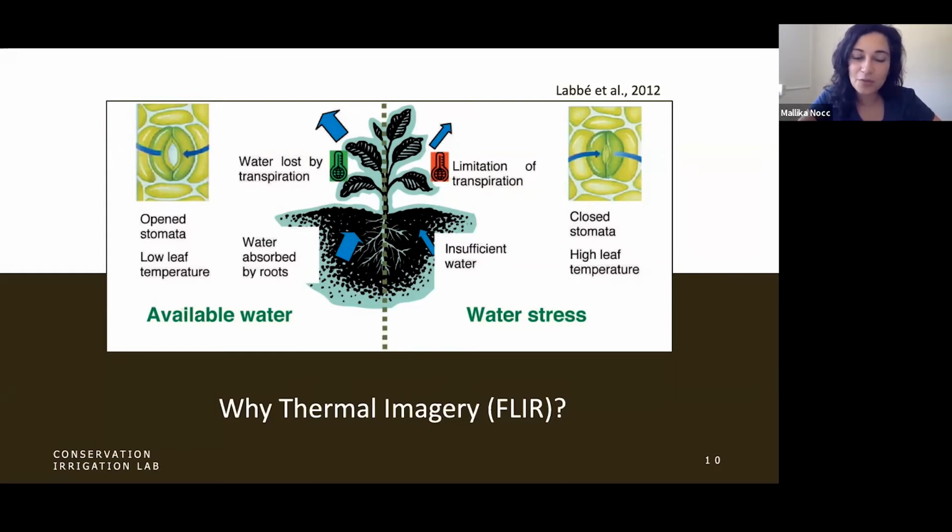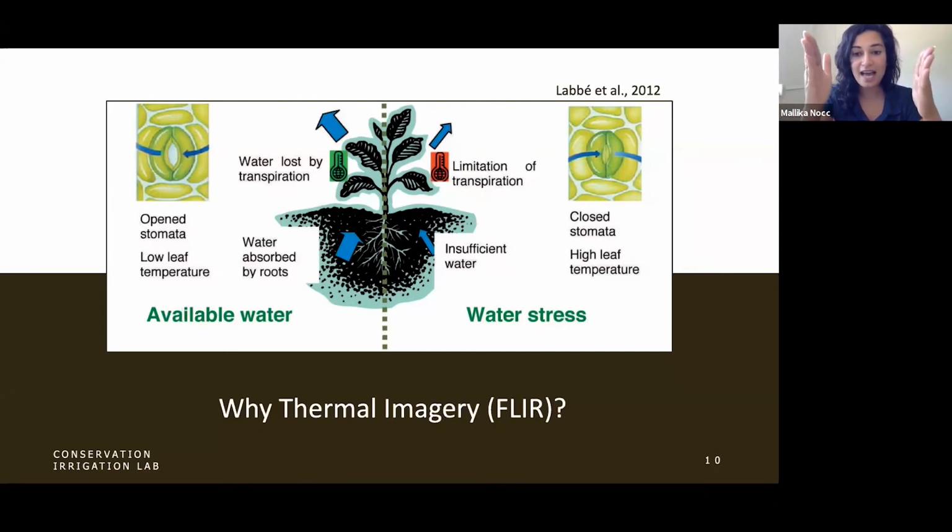So thinking about the thermal imagery, if you look and think about a crop, getting back to that evapotranspiration definition, right? If a crop has plenty of available water, the stomata, which are the pores on the bottom of the leaves, these little mouths, they're going to be open. And there's going to be a lower leaf temperature because water is going to be lost by transpiration, and there's going to be evaporative cooling around the leaves. Whereas if you have a stressed out plant, the stomata will be closed, the leaf temperature is going to be higher, there's less water.